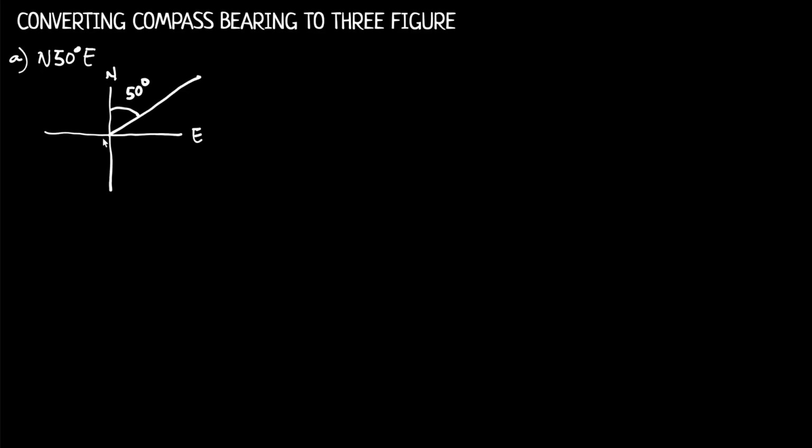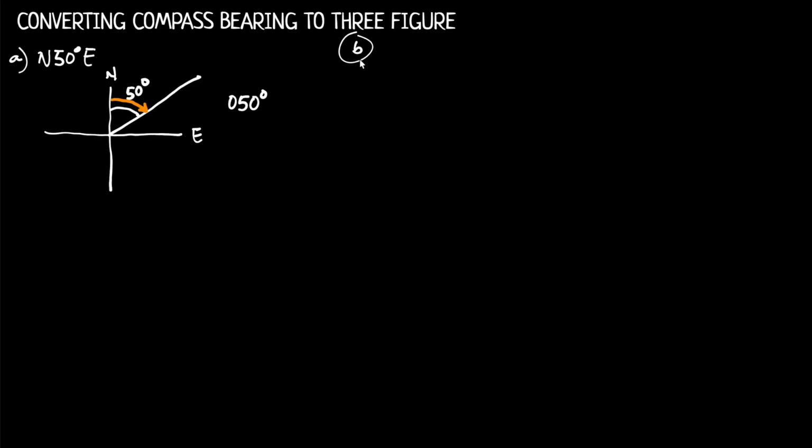So the three-figure reading is going to be reading from the north. Remember, you have to start reading from the north until it touches the line that talks about the bearing. So that's 50 degrees. So if I'm going to write that down, this is going to be 0, 5, 0 degrees.